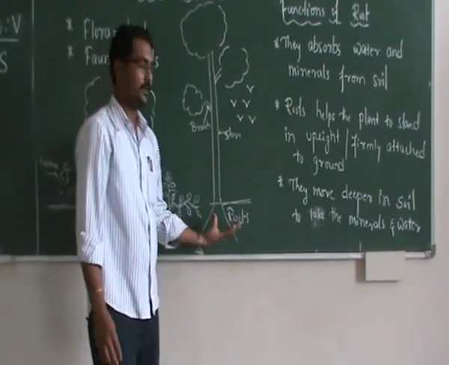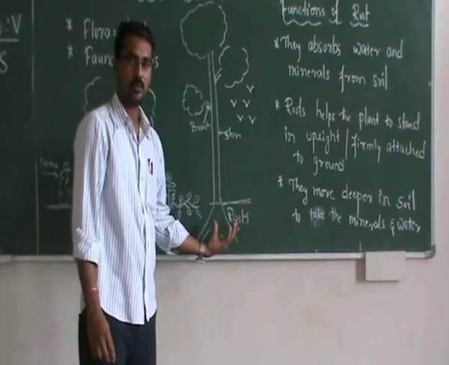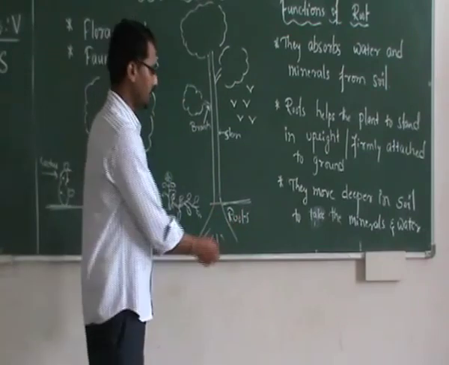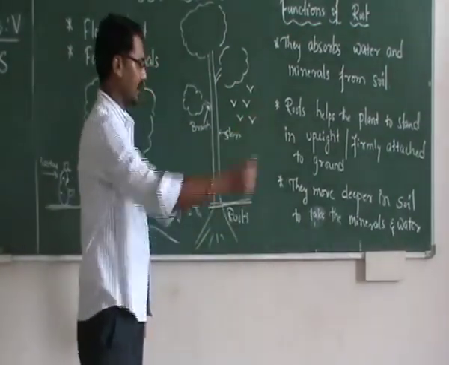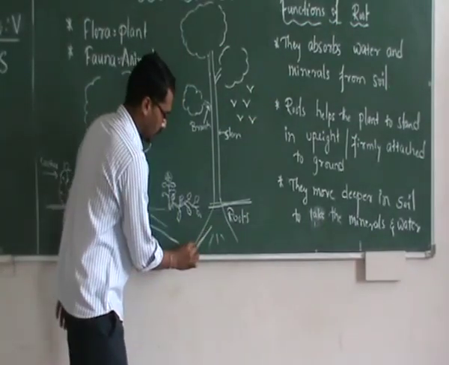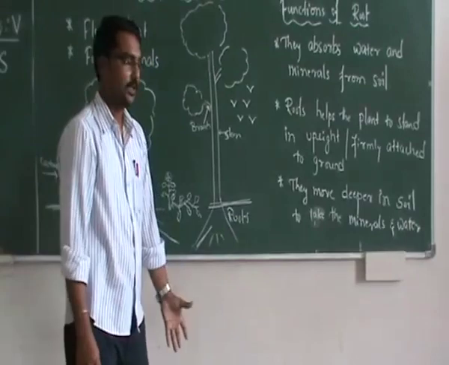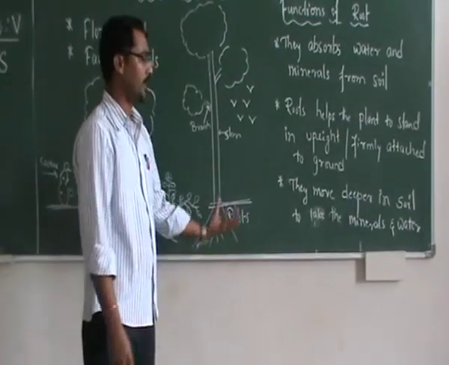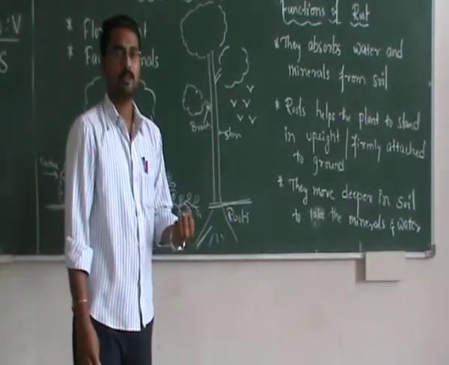The root has a main root. Different kinds of roots we are going to study in the next class. Each root has root tips, the root hairs. From the root hairs, it absorbs the minerals and water from the soil.